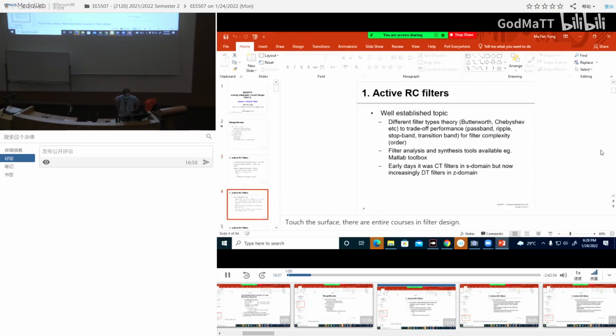This topic, analog filter, is a very well established topic. It's been around for many years, and there's a lot of material. There are different filter types, and the theory of different filter types: Butterworth, Chebyshev, many different names.